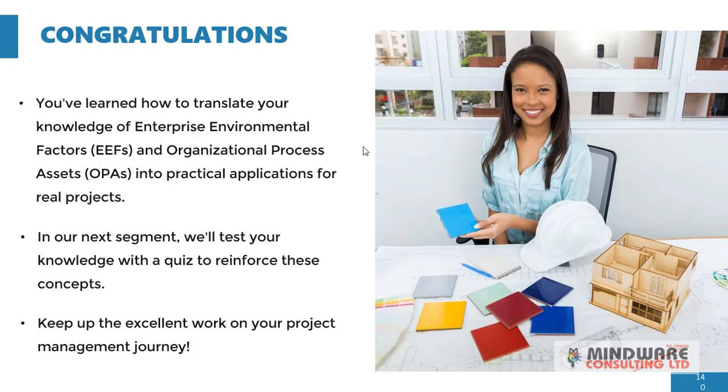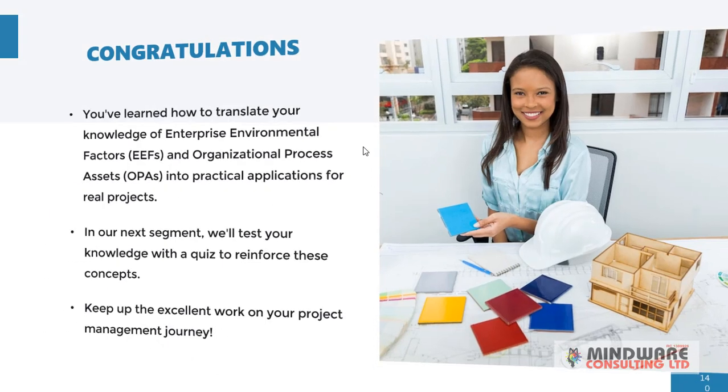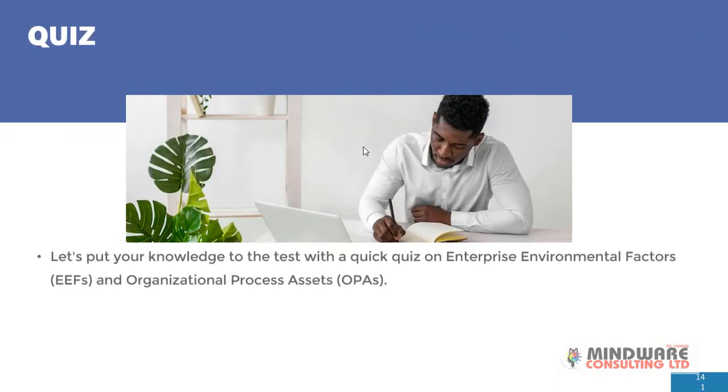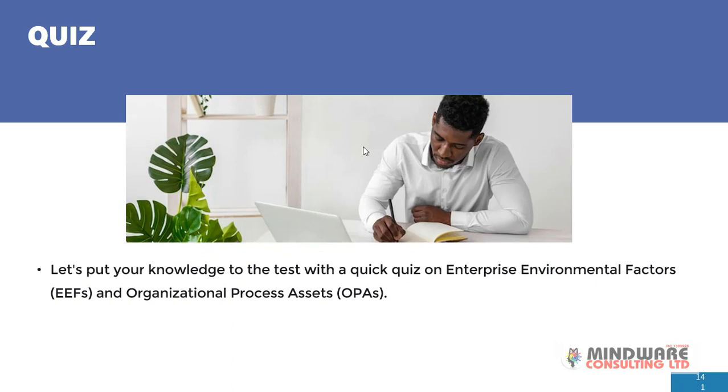So it's time to test your knowledge. Quiz. Here we go. So now it's time for the quiz. Let's put your knowledge to the test with a quick quiz on enterprise environmental factors and organizational process assets. So that's what you're going to be doing right away.